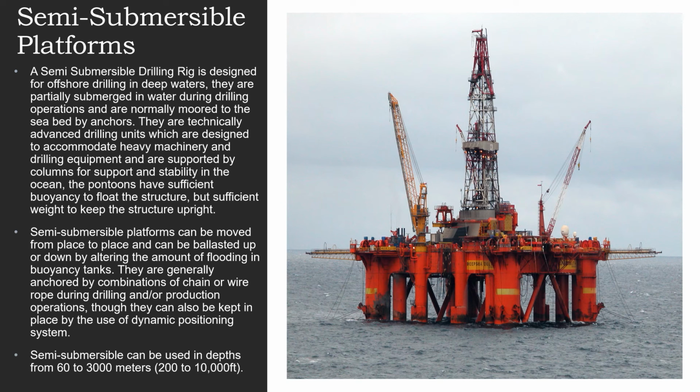These platforms have tanks underneath the water, and these tanks are filled with water to increase the stability, and then anchored with the seabed. And when it has to move from one place to another, we just pump out the water from the tanks, and it can easily float on the sea level, and through the tugboats we can move it from one place to another.